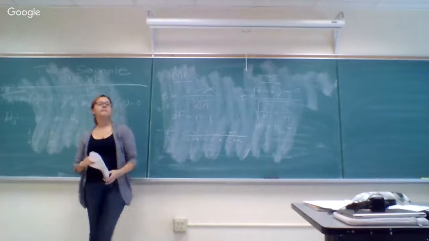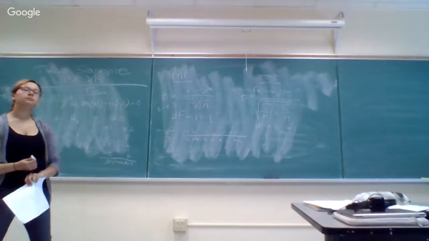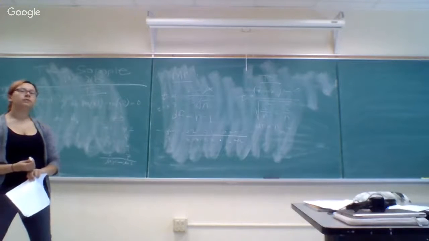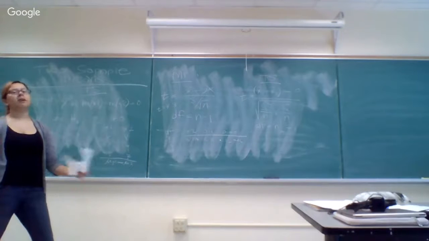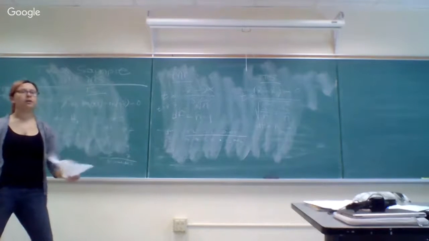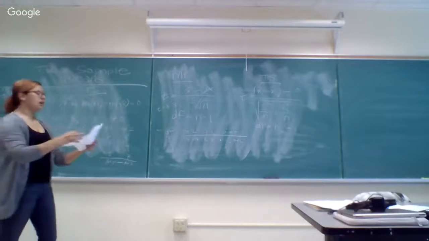So whenever we're using the tables, are we always going to compare it to 0.05? Unless told otherwise, usually. Usually the question will say, given an alpha level of 0.05 or a 95% confidence level. Those are one and the same.